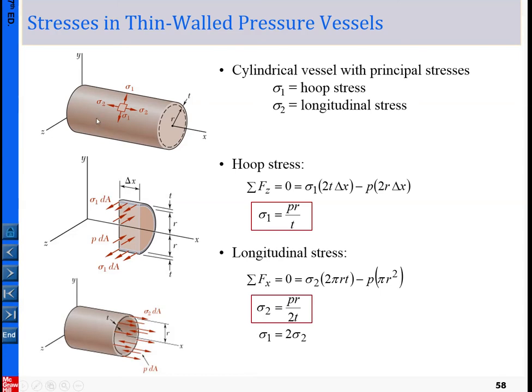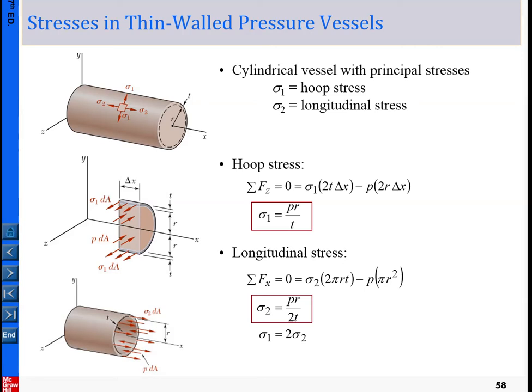So again, we pick x, y, z like this, and that is the principal direction. This saves us some unnecessary operations or calculations for determining the principal stresses. So keep this in mind.